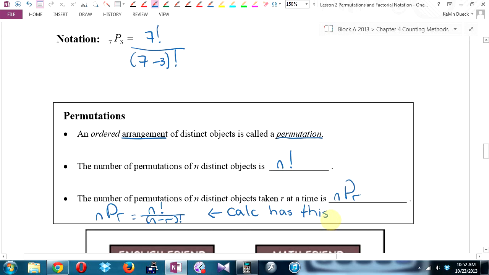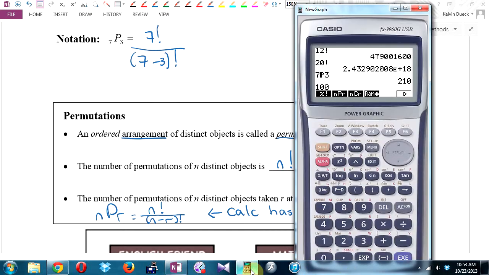So let's pick some nice round numbers. Let's suppose on my iPod I got 100 songs, and I want to create a 5-song playlist shuffle. How many different ways are there to mix up 100 songs if I pick 5 at a time? Get your calculator out. 100, permutate, 5.